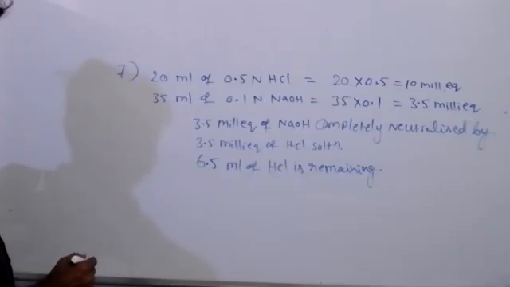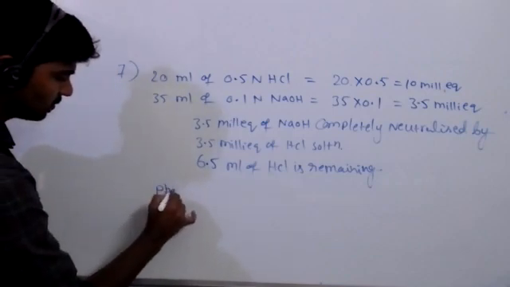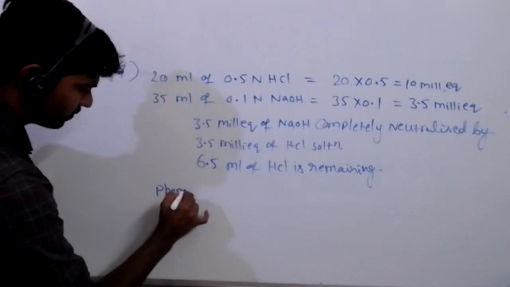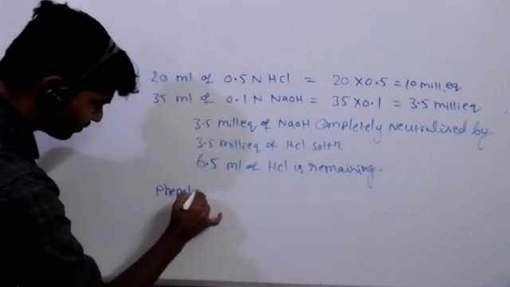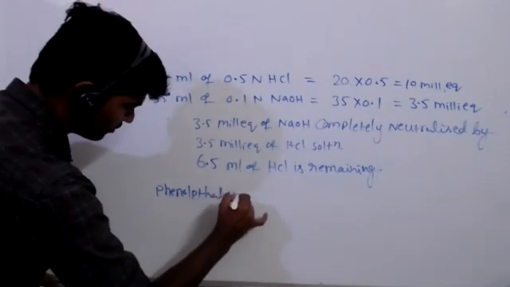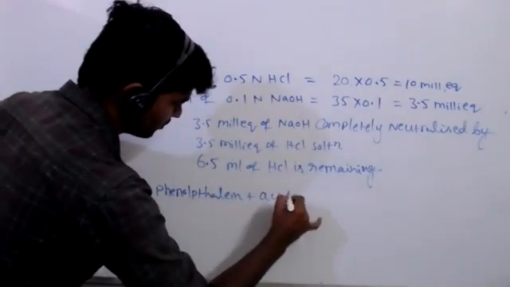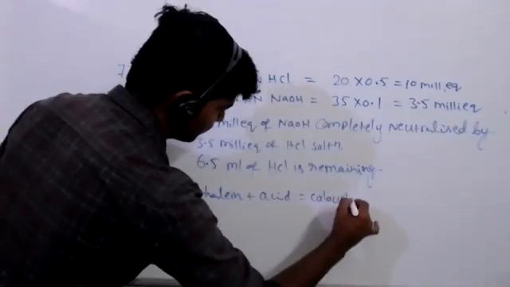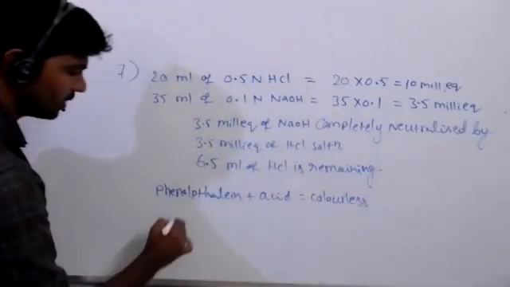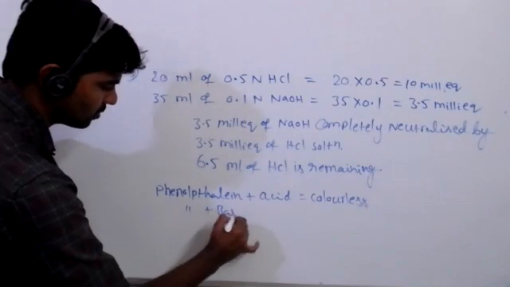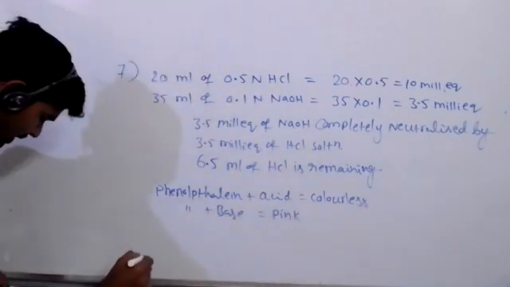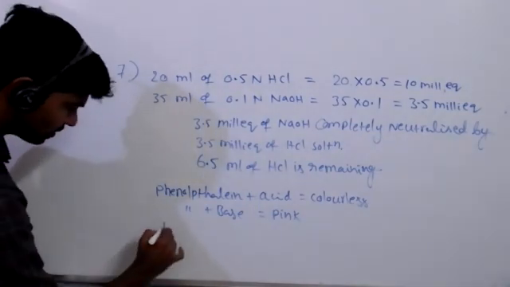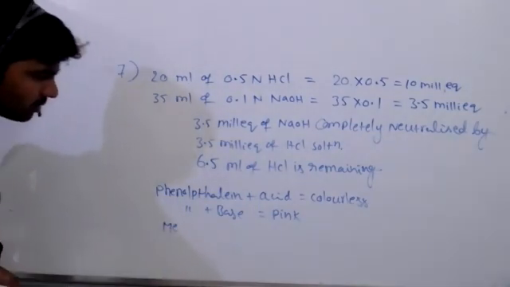Phenolphthalein in acid is colorless, with base pink, right? Next, methyl orange. Sir, it's an acid base indicator, right? Yes.